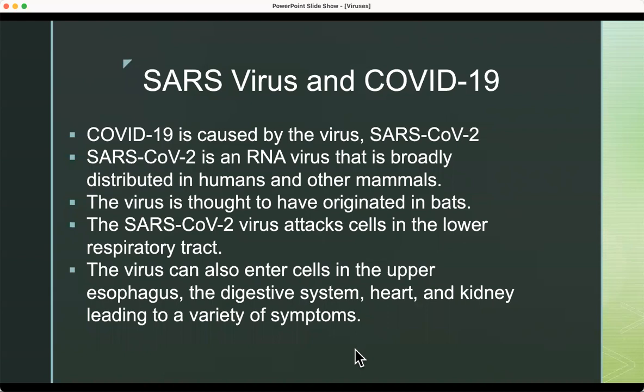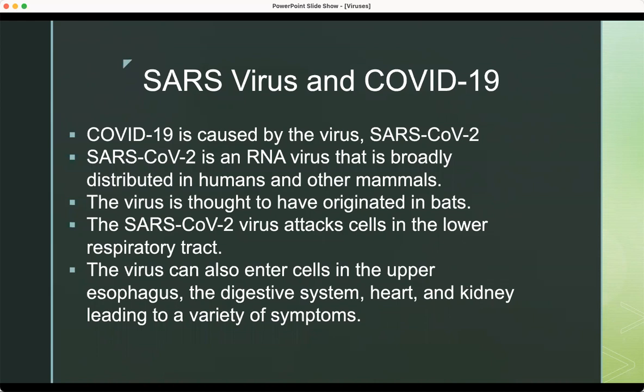Now, the last virus we will talk about is the SARS virus, which is what causes COVID-19. Now, there are many types of SARS viruses, most of which infect mammals. With COVID-19, we actually are pretty confident now that it was passed from bats to humans.